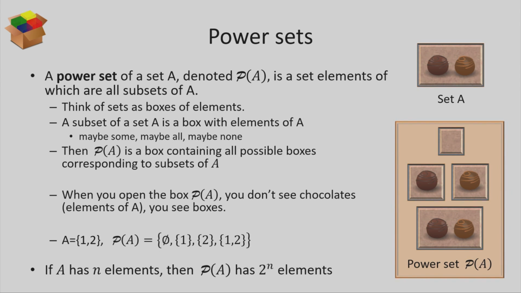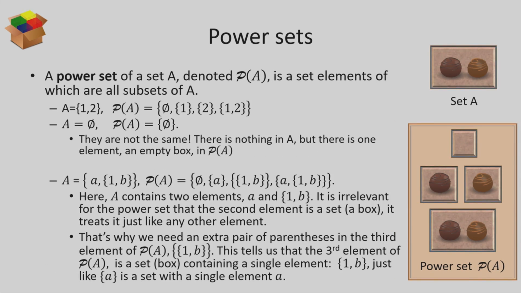Think about every assignment as a set of variables that have the value true. So let's say you have 3 variables, you will have true, true, true. That's your whole set. Or you will have true, true, false, which only contains the first 2 elements. And just like the truth table has 2 to the n lines if you have n variables, the power set of a set on n elements has 2 to the n elements.